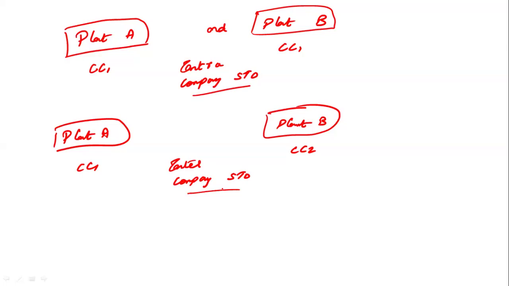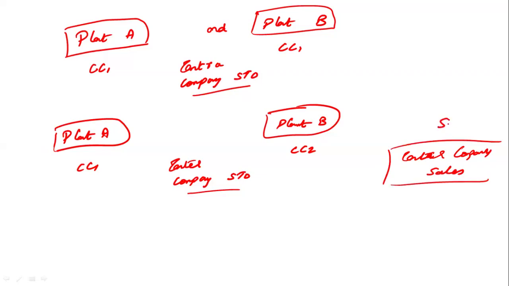Okay, then we have the intercompany sales. Even intercompany sales also comes in the same picture. If you don't want to do the transfer, if you want to sell the material from plant A to plant B, then intercompany sales comes into picture.